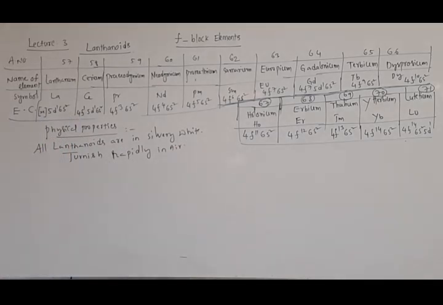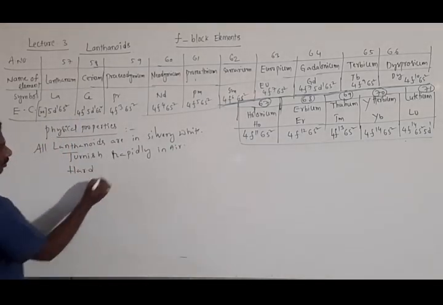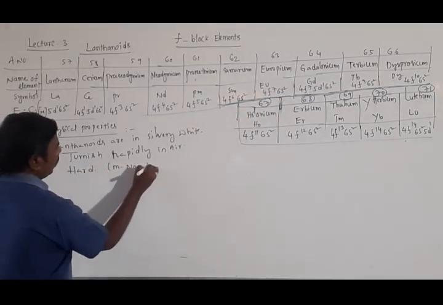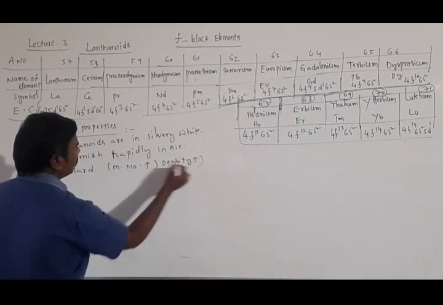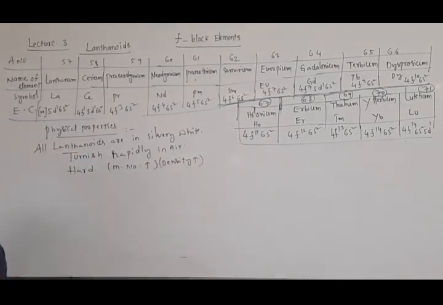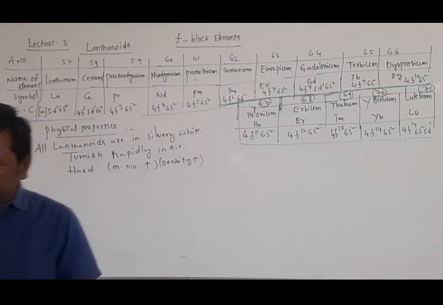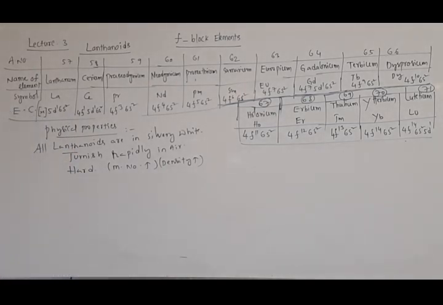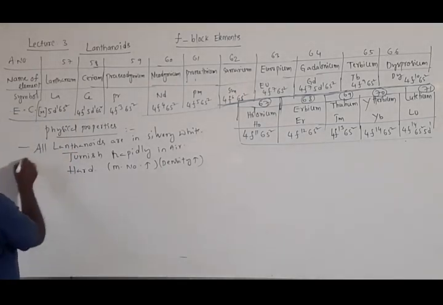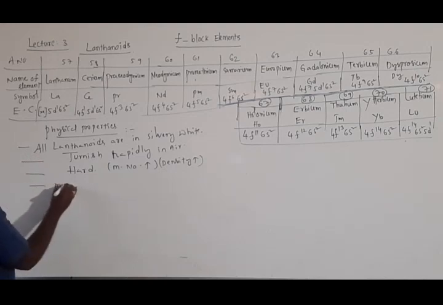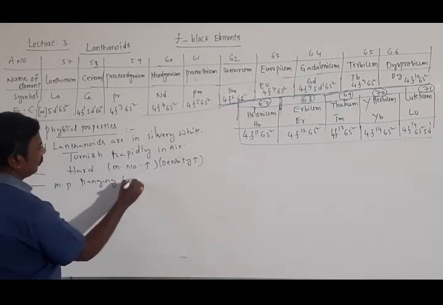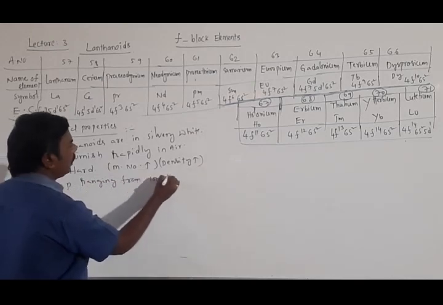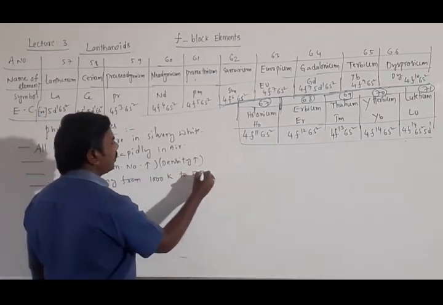Okay. Next, hardness increases. These are very hard because mass number increases. Even density also increases for these metals. That's why they are hard. Acting as metals, their melting and boiling points range from 1000 Kelvin to 1200 Kelvin.